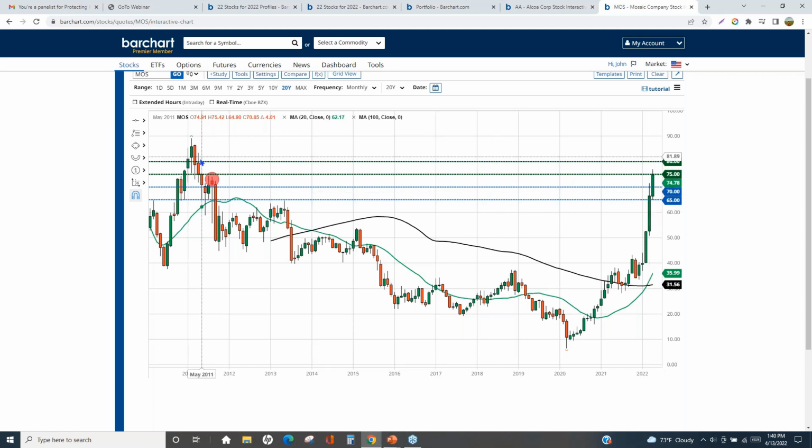But even at a higher level, around $80, that would be another level that we could start thinking about targeting in terms of profiting. So somewhere between $75 and $80, we're going to start thinking about our targeting value for our call. We know that we're going to look for a $70 put. So now we just need to do the walkthrough with the math.